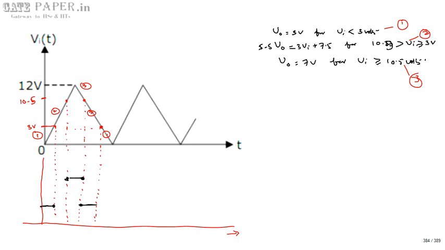Whenever input is greater than 10.5 volts, output will be stuck at 7 volts. And whenever input is in between 3 volts and 10.5 volts, then V0 follows Vi. So as Vi increases, V0 also increases.